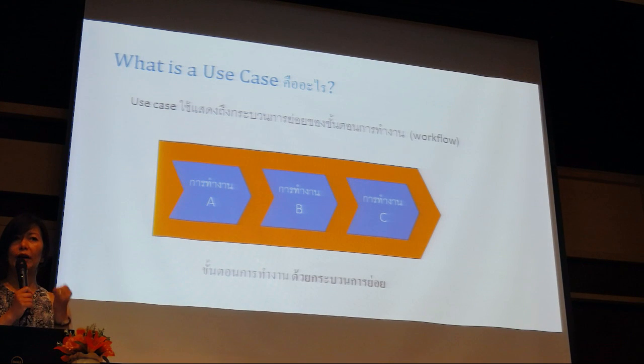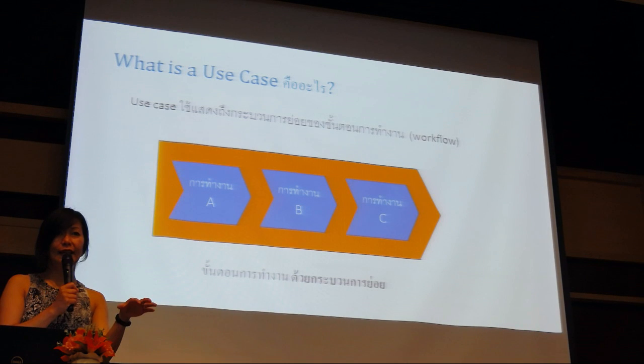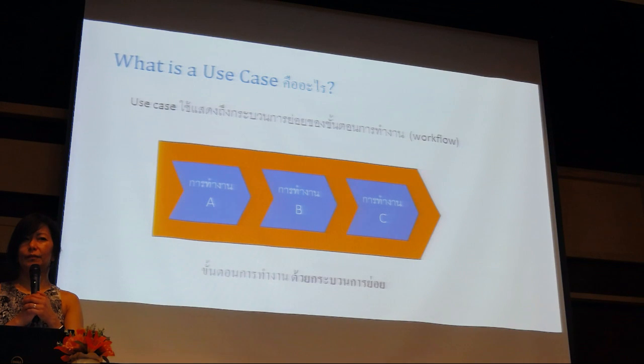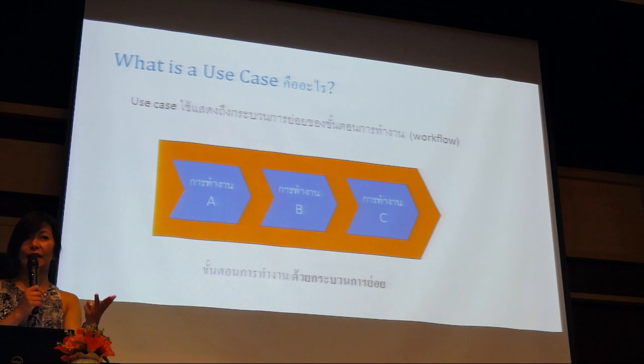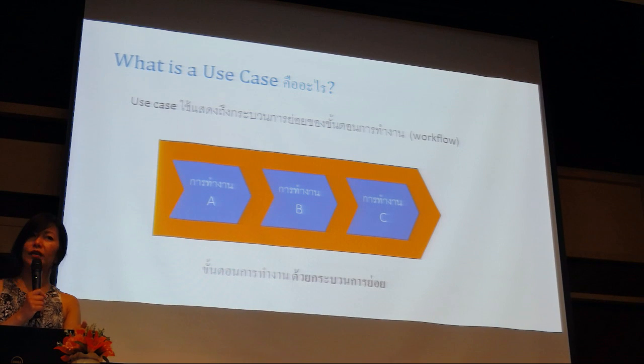So you have function A, which is to search for the contact. And then there's the condition. If the contact is there, what do you do? If the contact is not there, then what do you do?